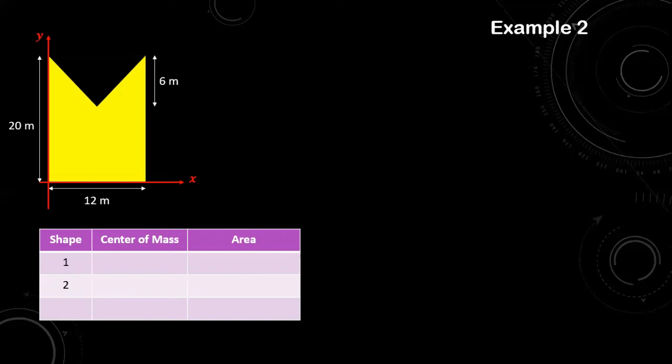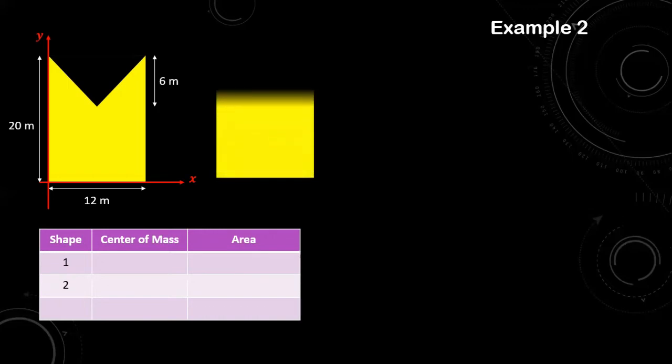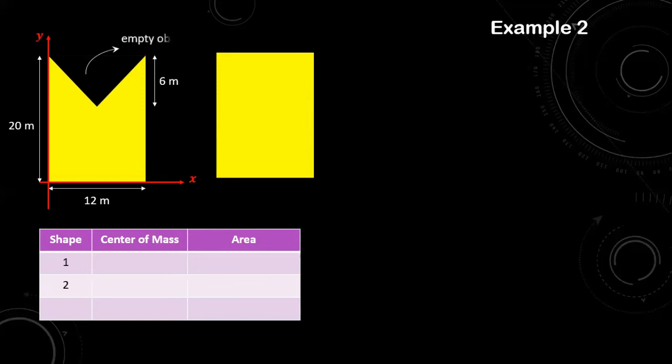By manipulating this object, we found that the whole object is a rectangle and the empty object is the triangle. Is it clear, everyone?